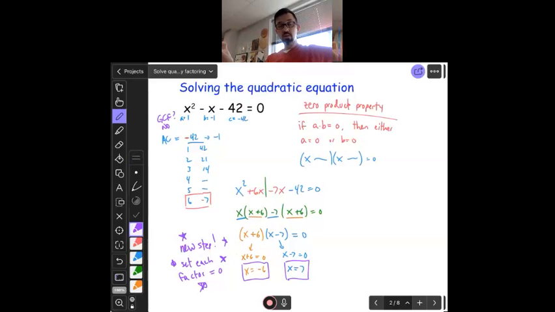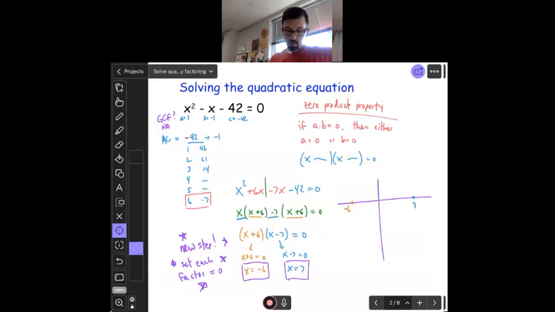The other side of things, what were we talking about? Solutions are the same things as x-intercepts. What would this graph look like if we did graph it? You guys don't need to do this, but it's kind of just that visual idea of what we're actually finding here. Way out here at negative 6, we'd have an x-intercept. Way out here at 7, we'd have an x-intercept. What's this number right here?